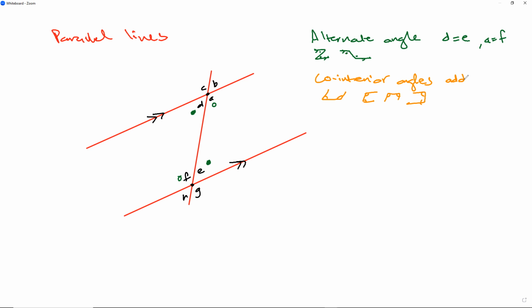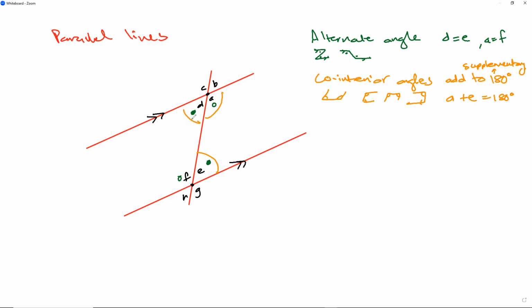They add to 180 degrees. So that would be A and E. So angle A plus angle E equals 180 degrees. Another word for 180 degrees is also known as supplementary. So they are supplementary. 90 degrees is complementary.